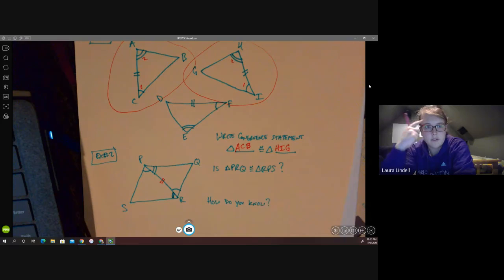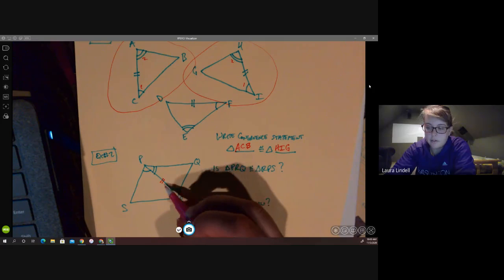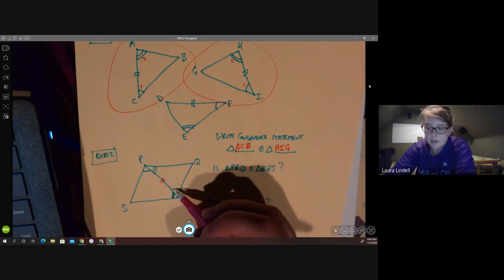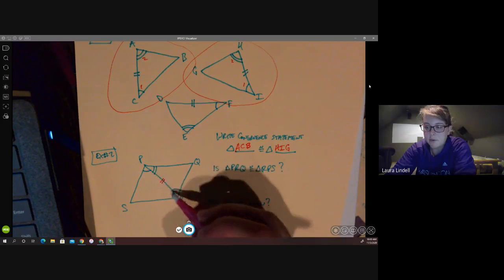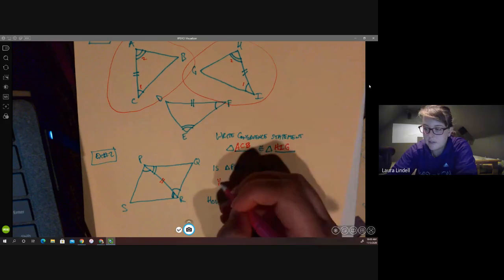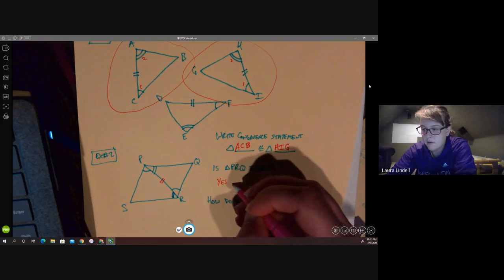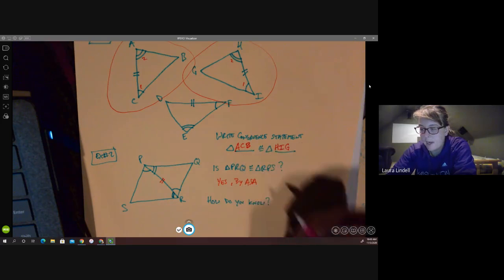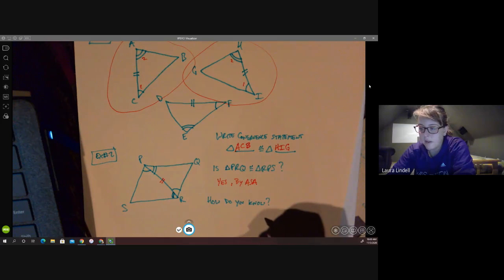So then we have to think to ourselves, okay, do we have enough info for angle side angle or angle angle side or anything like that? And it turns out that we do, because we have angle side angle, angle side angle. It's the side that's in between your two angles on both triangles. So we can say yes, by angle side angle, they are congruent.